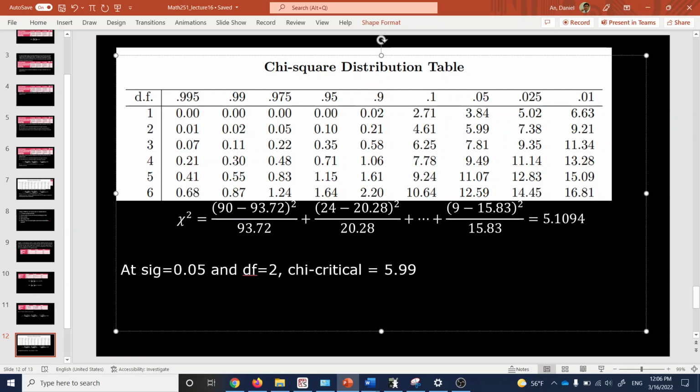What's your conclusion? Can we reject the null hypothesis or not? No, we can't. Okay?